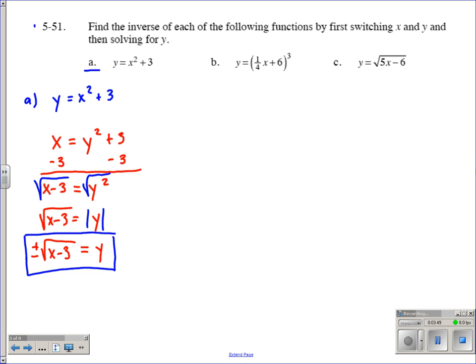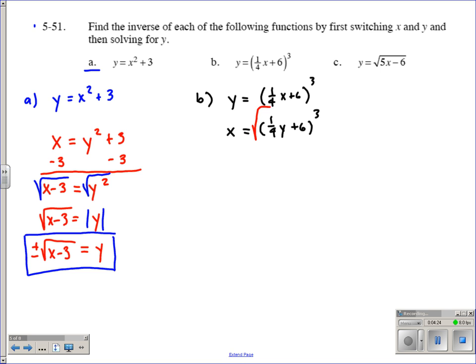Letter B. We have y equals 1/4 x plus 6, and we're taking that quantity and raising it to the third power. So first things first, let's rewrite it with x equals 1/4 y plus 6 to the third power. First thing we need to get rid of here would be the cube, because there's nothing going on outside of here.